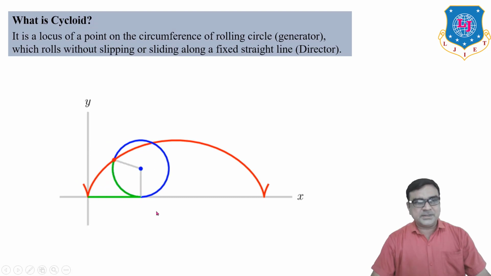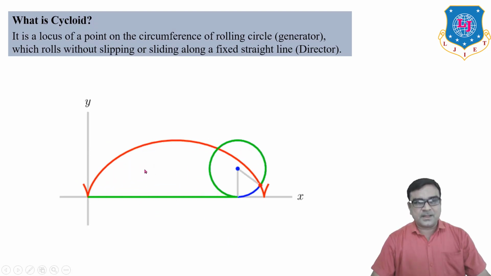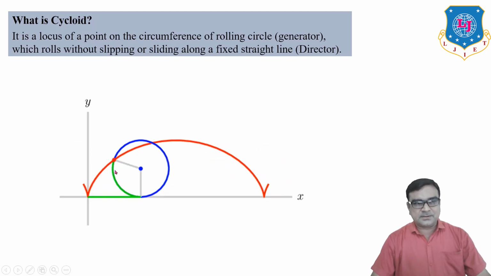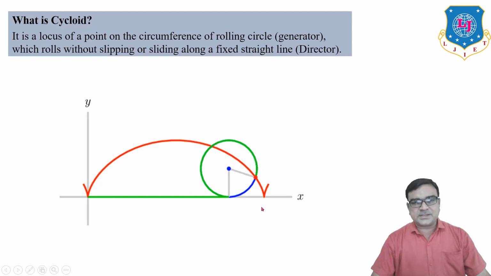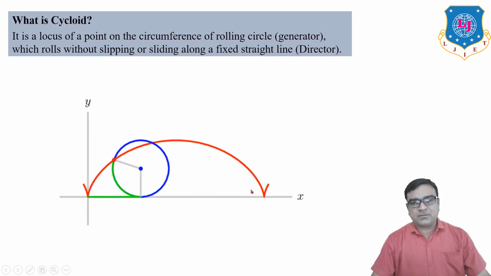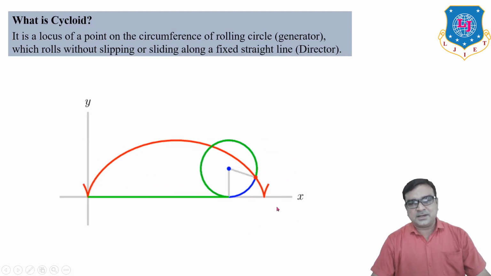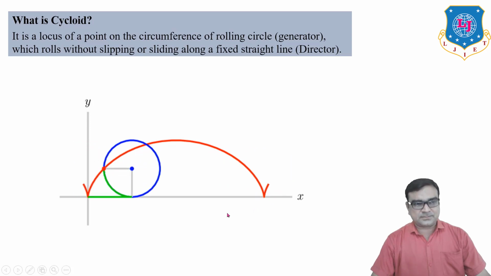That curve is known as cycloid. Here in this picture, you can see the cycloid for one revolution of the circle. If we extend the circle for another revolution, you will get another cycloid.